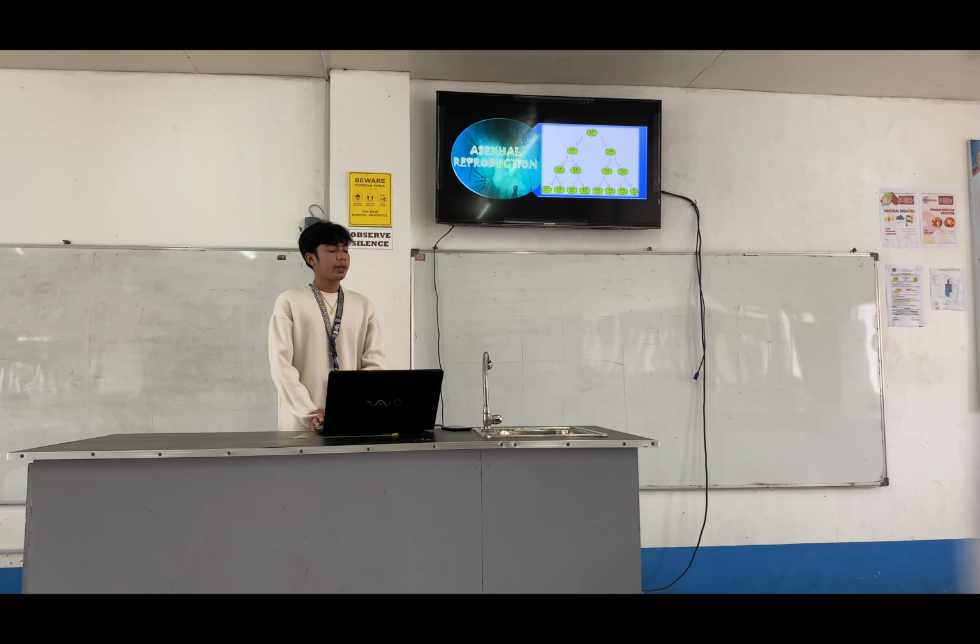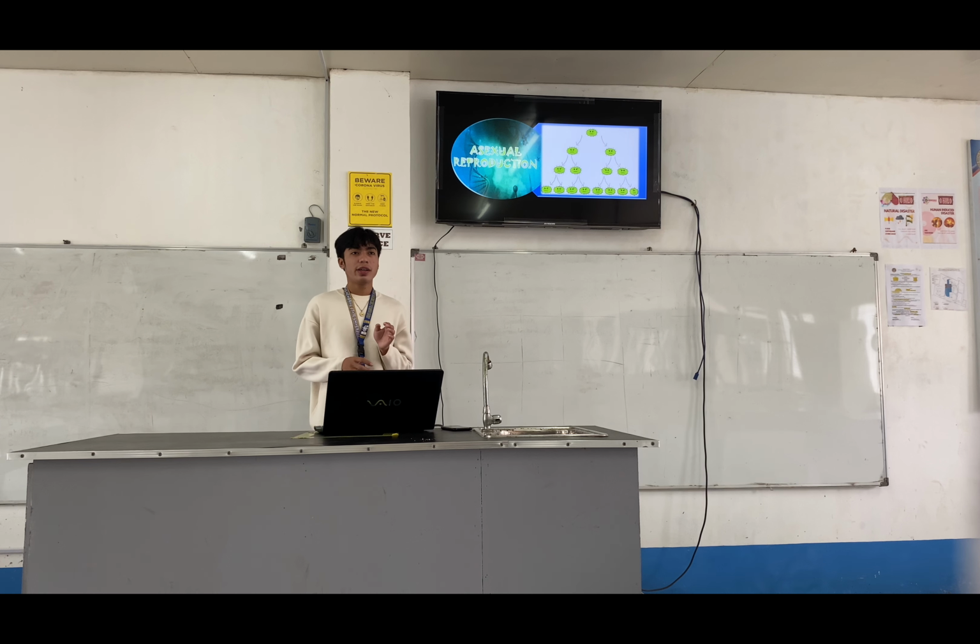Heredity can be acquired in two different forms. First is asexual reproduction. In asexual reproduction, it doesn't need the union of the sperm and the egg cell. An example of asexual reproduction is mostly in prokaryotic organisms, especially bacteria and viruses.